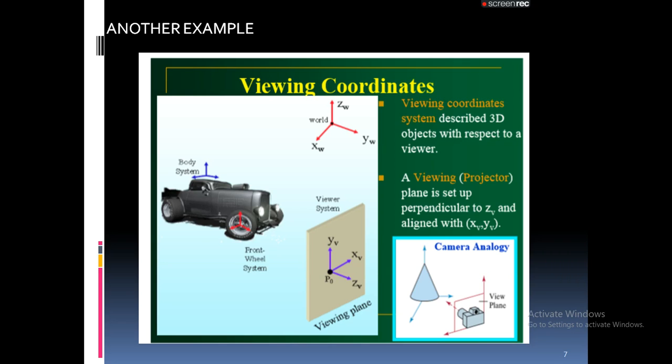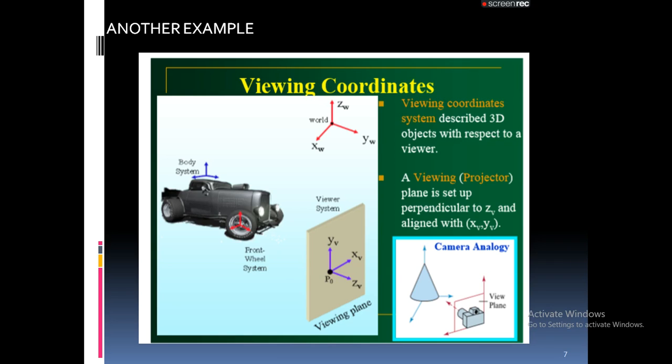Next, we decided the camera coordinate axis positions. After defining the position of the projection plane, we selected one reference point for the camera. That reference point acts like the coordinate origin of the camera. From the origin of the camera, we determined the Z view axis.